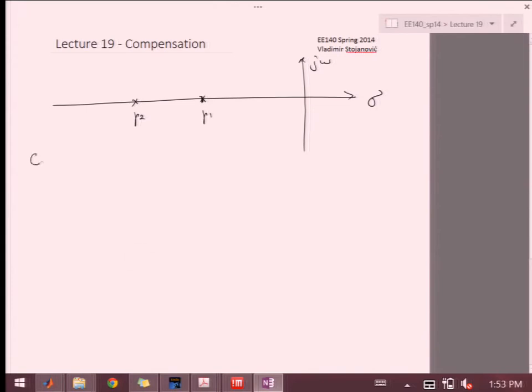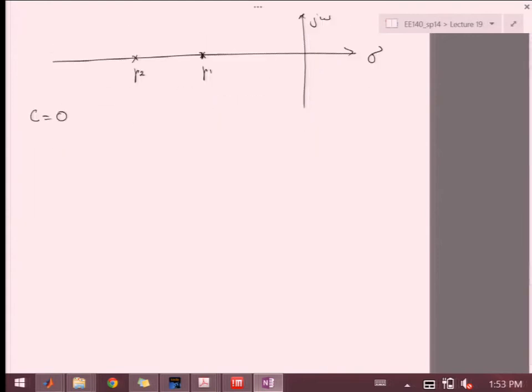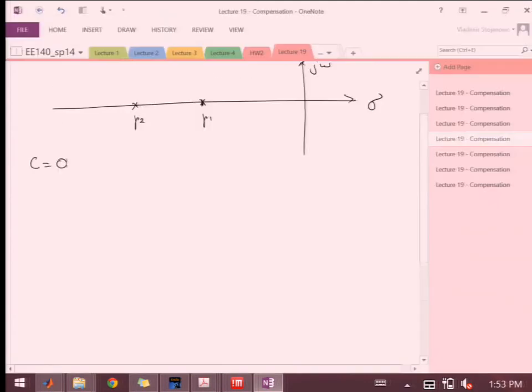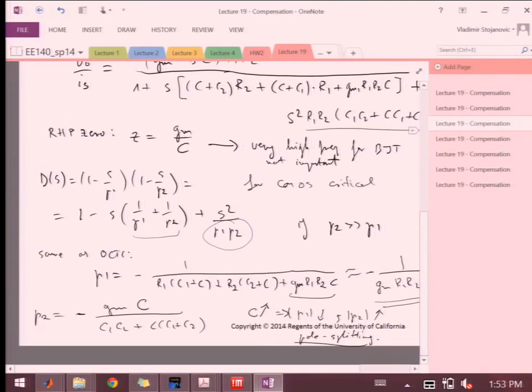If we assume that C equals 0, meaning C is very small, I'm neglecting the Miller effect of that C mu. And we go back to this circuit over here.